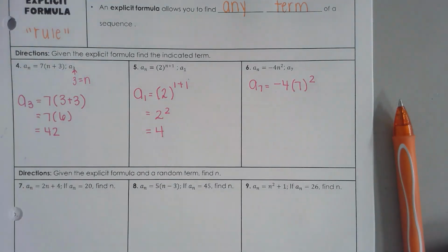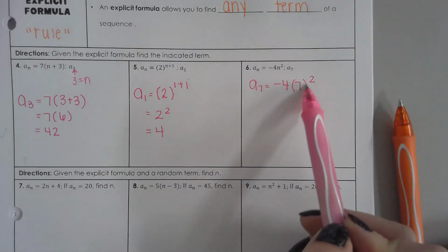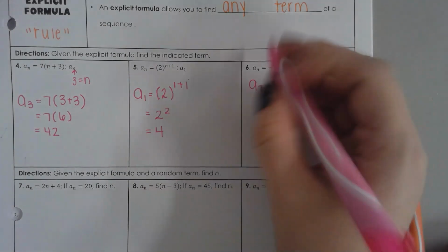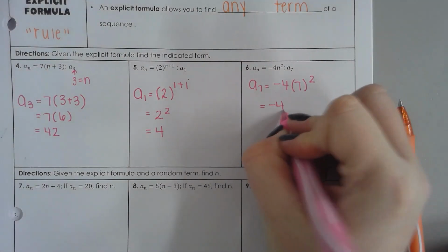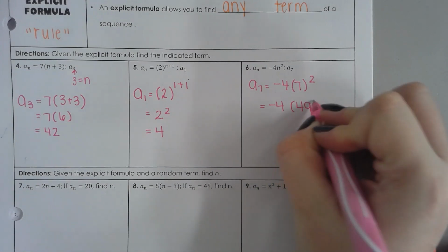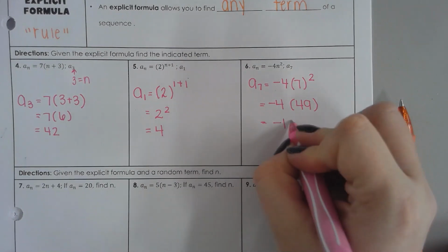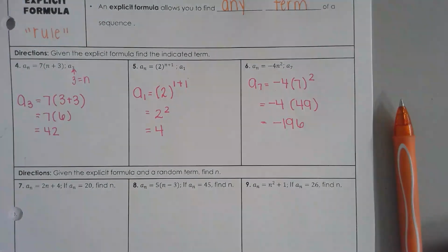You have to think order of operations. The squared is only being applied to the 7. So you only square the 7. So it's negative 4 times 49, which would give us negative 196.